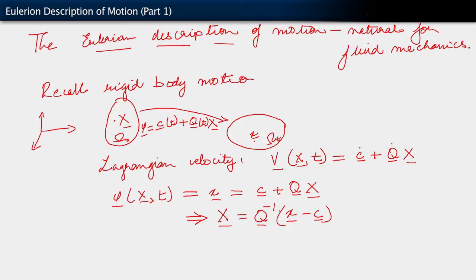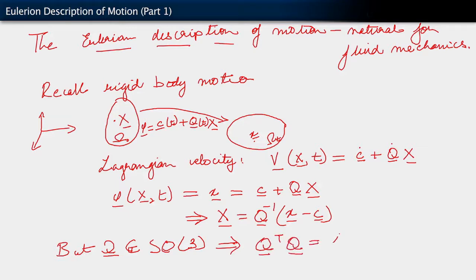But Q is orthogonal, right? But Q belongs to this special orthogonal group in 3 dimensions, SO3, which implies that Q transpose Q is the second order isotropic tensor, which also means that Q inverse can actually be written as Q transpose.